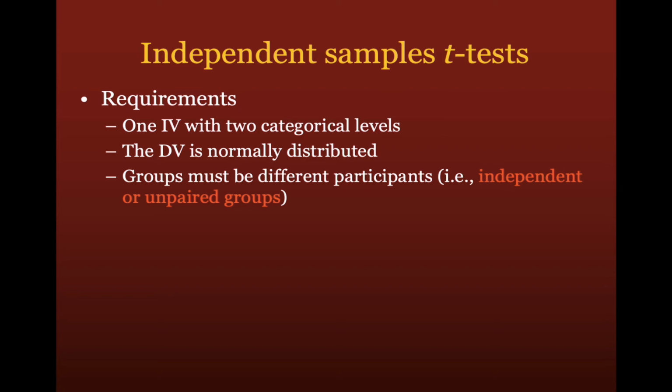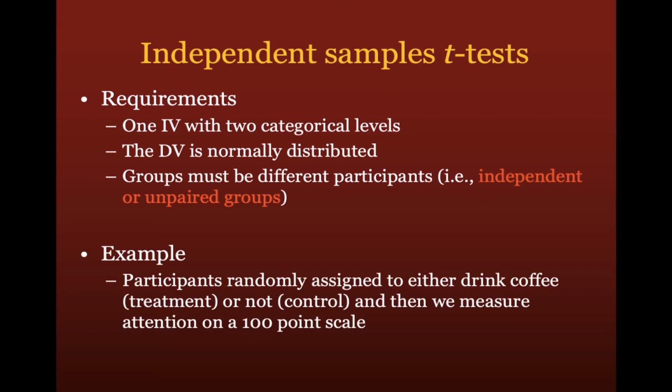So you would use an independent samples t-test to test that type of design. So an example here would be if you randomly assign people to either drink coffee or to drink water as a control group, and then you measure their attention on a 100-point scale, right? The dependent variable would be their scores on that attention scale, and the idea being that people are only assigned to drink the coffee or drink the water.